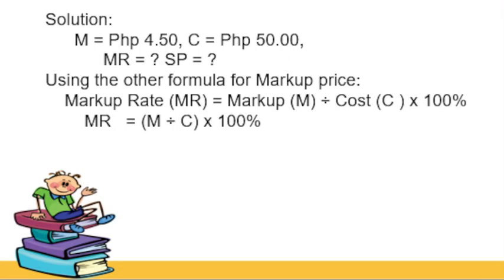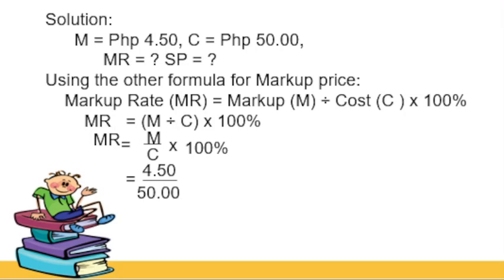So the markup is 4 pesos and 50 cents. So again, markup rate is equals to M divided by C times 100. So to substitute, MR is equals to 4 pesos and 50 cents divided by the C, which is the 50 pesos, multiplied by 100.